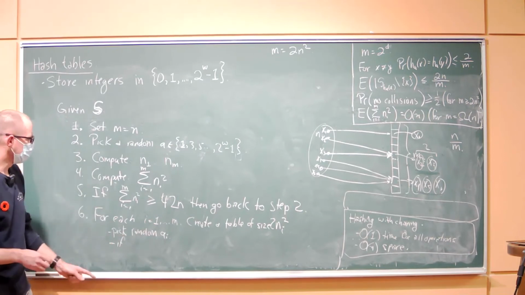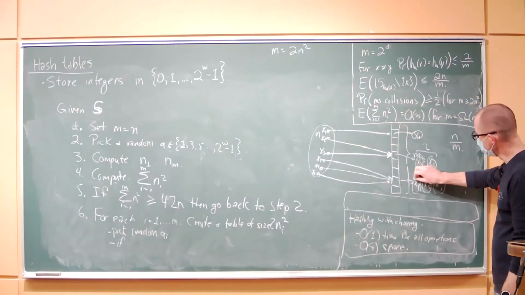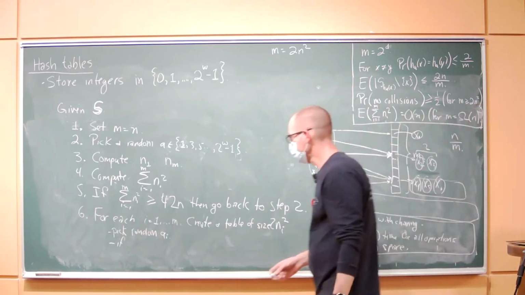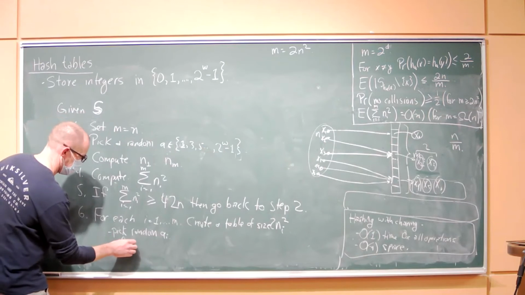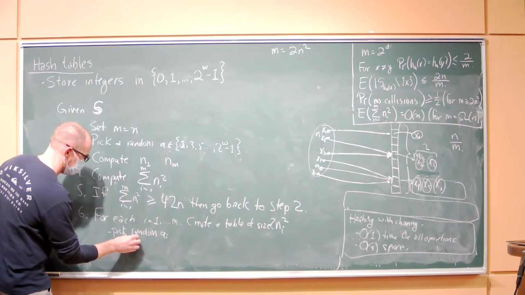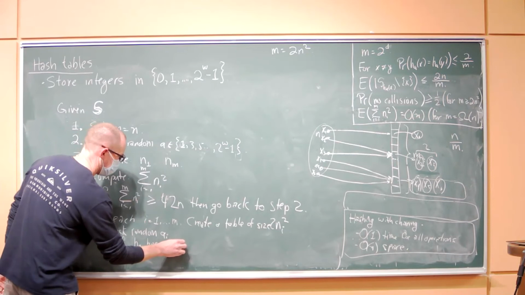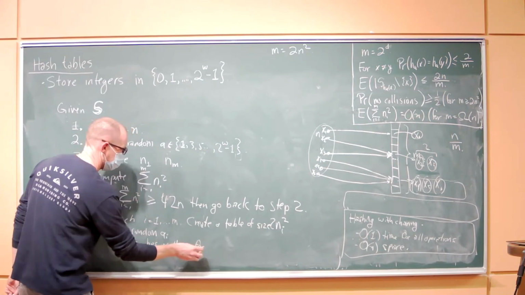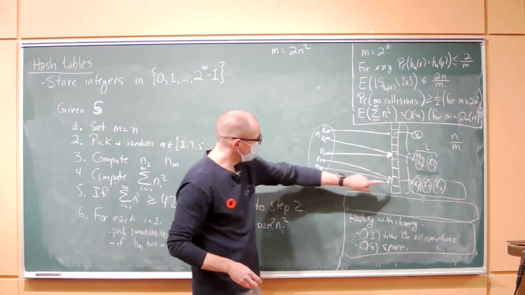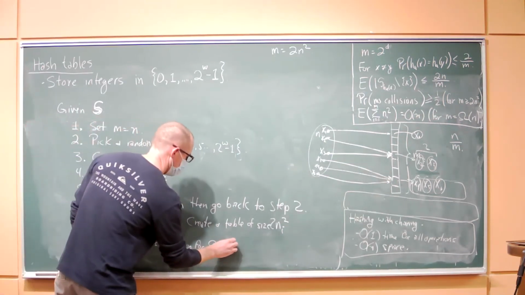Now you know what you want to store in that table. So now check if h_{a_i} has a collision for the set S_i, remember the set S_i are the set of things that get stored at that table location, then pick a different a_i.